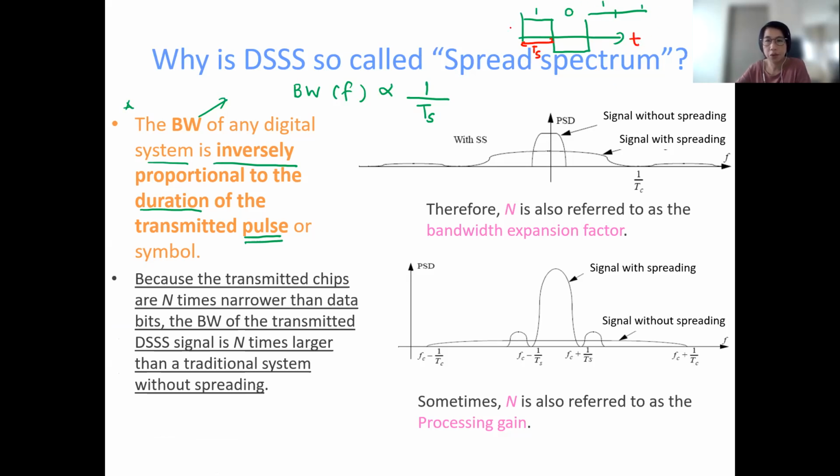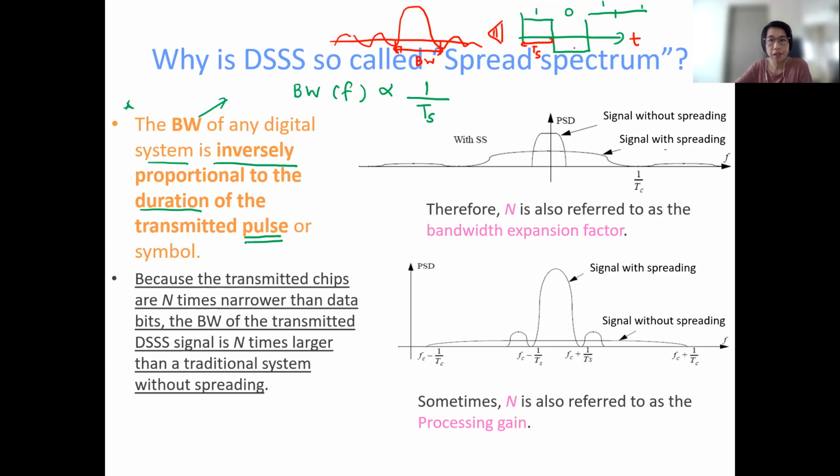But if you consider this signal in the frequency domain, you can use the Fourier transform; this square wave becomes like a sinc function, and you can consider that as the bandwidth.